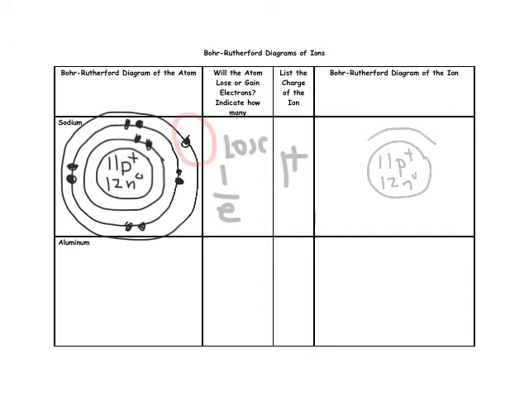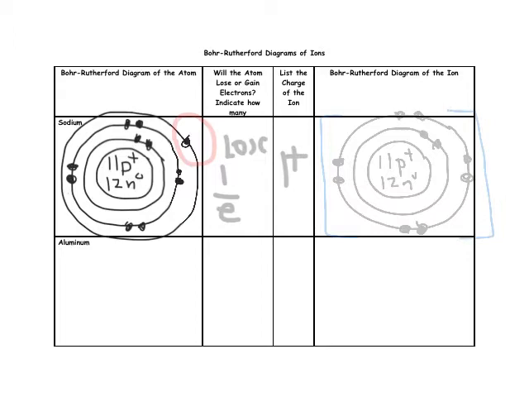But now when we draw the element, we're only drawing 2 shells. Because remember, this atom gave up an electron. To show that it's an ion, we enclose it in a square bracket, and we put the charge of the ion on the outside. That's the Bohr diagram of the ion.